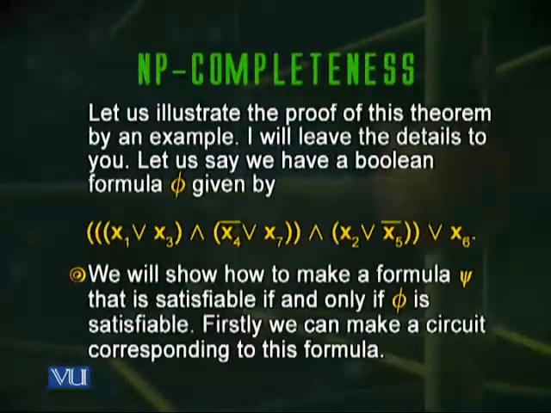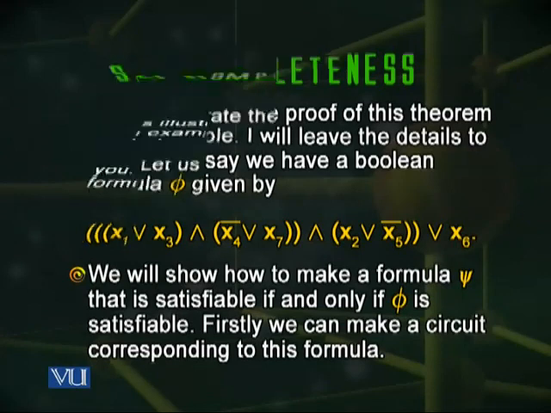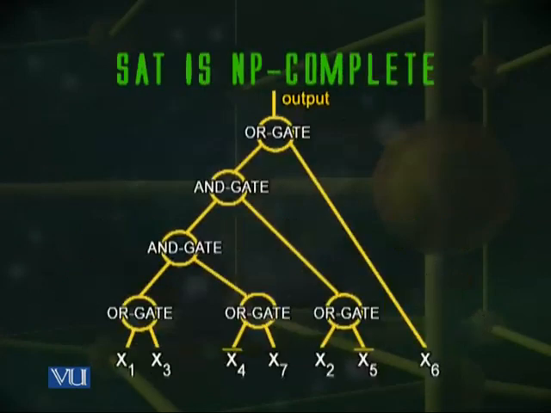Firstly, by looking at this formula, we can make what is called a circuit of this formula. Here is a circuit that I made by looking at this formula. As you can see in this circuit, I've used gates, AND gates and OR gates, to denote the AND and OR operation. So by looking at this formula, I can easily make this circuit.